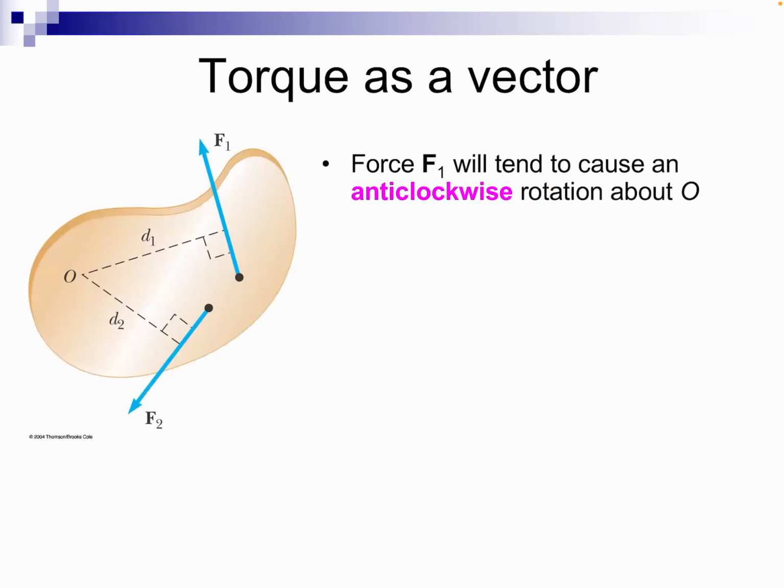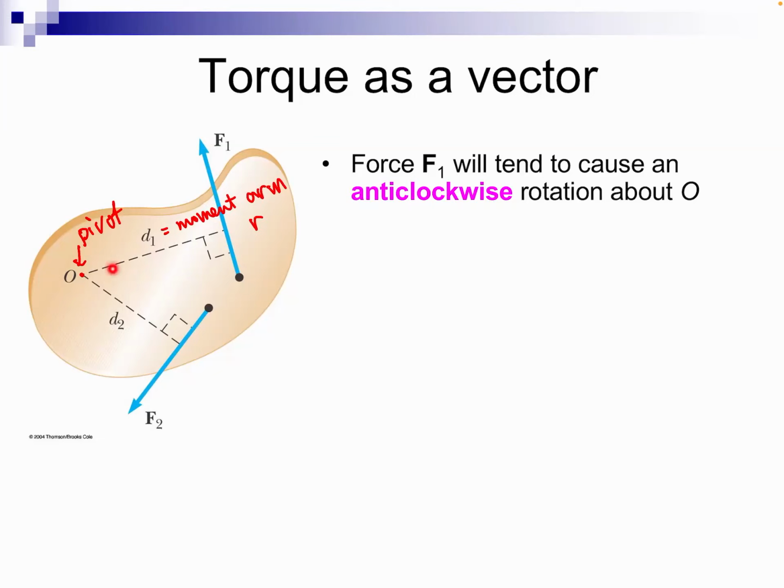All right, so applying the general definition here, say you have this extended object and its axis of rotation is O. This is sort of like the pivot point, the point about which the object will rotate. If you apply a force F1 in this direction and F2 in this direction, you can of course get the moment arm. This is the moment arm or lever arm R that we learned before.